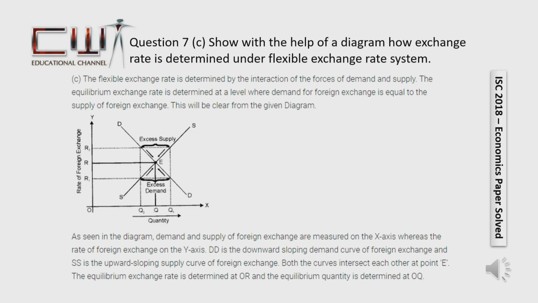Both the curves intersect at point E, and the equilibrium exchange rate is determined at OR, and the equilibrium quantity is determined at OQ. Above the point R, at R2, the supply is more, so we have a case of excess supply, and at the price of R1 there is excess demand, and this is below the equilibrium point.